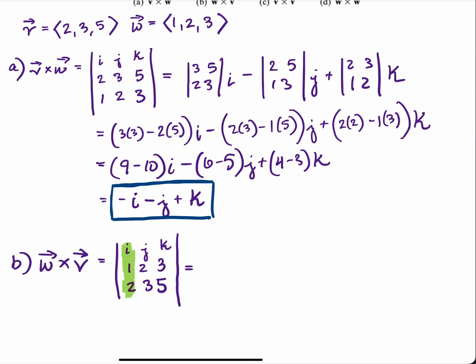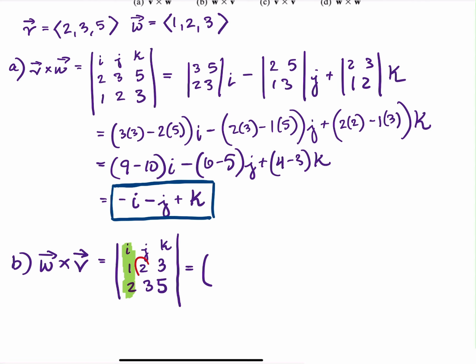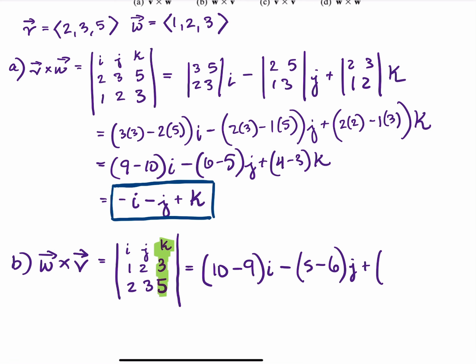So then the first element should be 2 times 5, so 10, minus 3 times 3, so 10 minus 9, I. Then subtracting, imagining covering up our second column, we'll have 1 times 5, so 5, minus 2 times 3, so 5 minus 6, j, plus, now imagining covering up the third column, we should have 1 times 3, so 3, minus 2 times 2, so 3 minus 4, and that will be k.